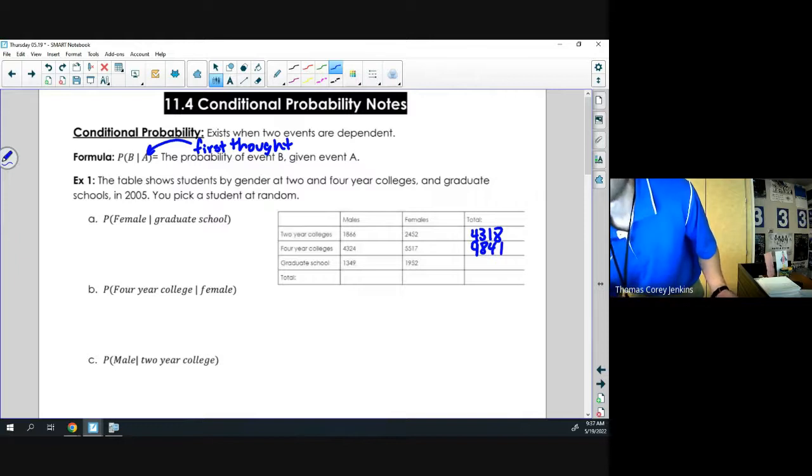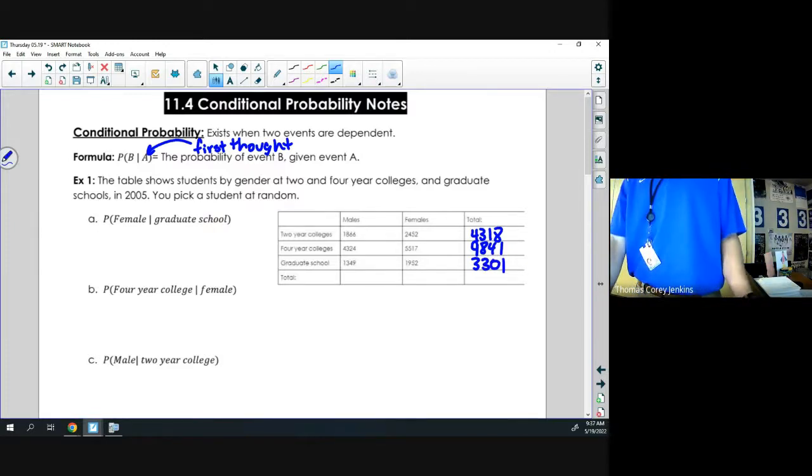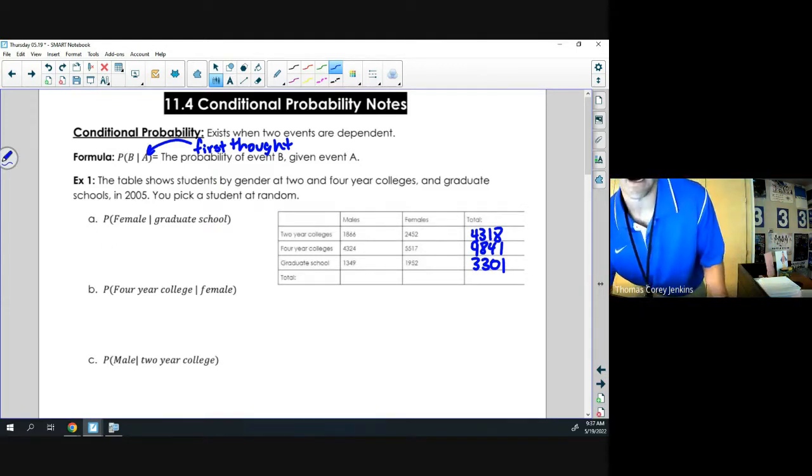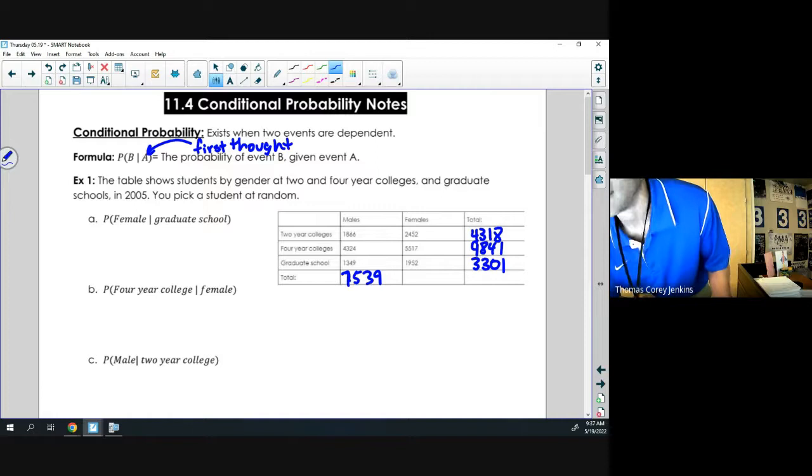And so on and so forth. Grad school total 3301. And then you also want to total up your males and females. So males 1866 plus 4324 plus 1349 should give you 7539. And females, if we add those up, that's 9921.